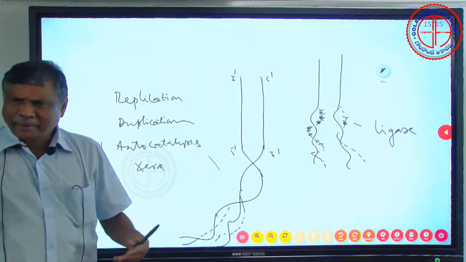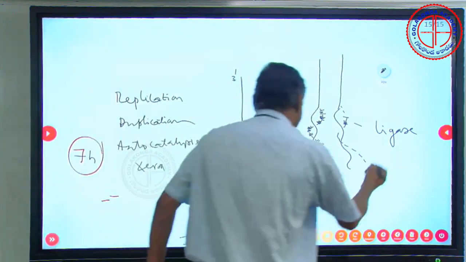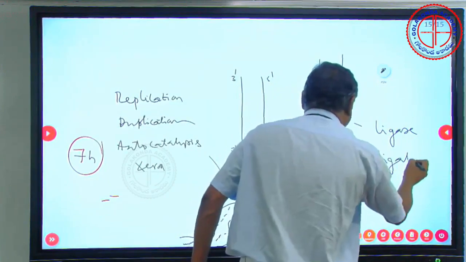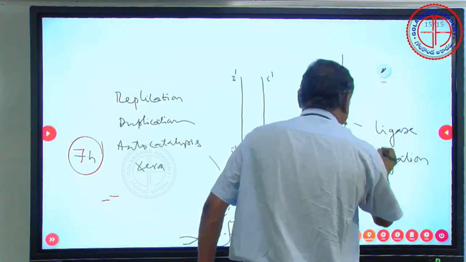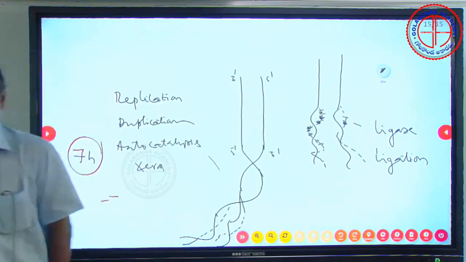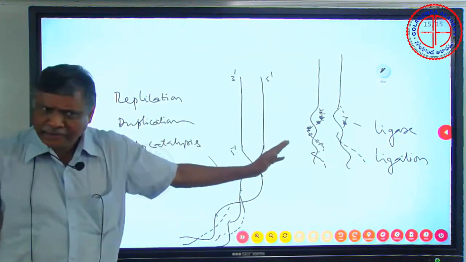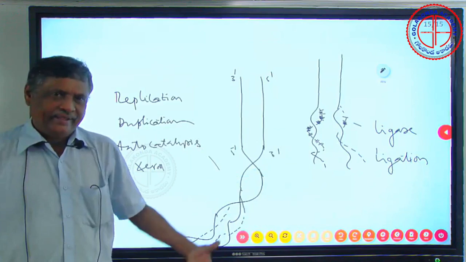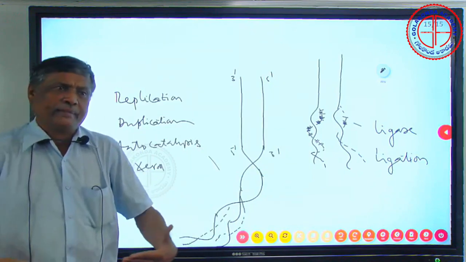Ligase. The method of the stitching is known as ligation. In the ligation method, the fragments are stitched into a helical.